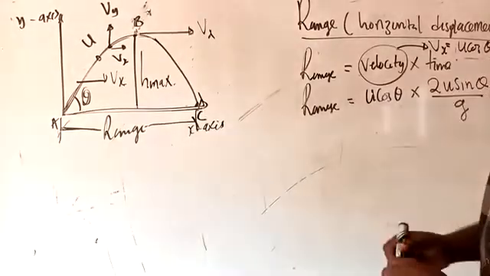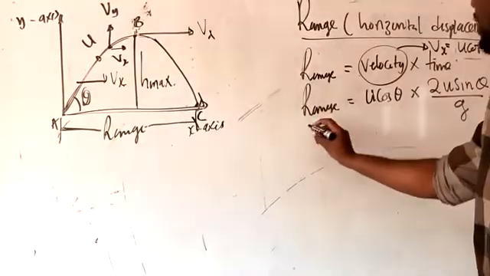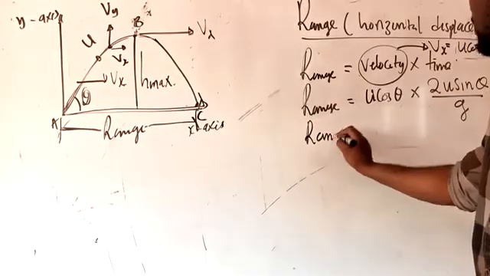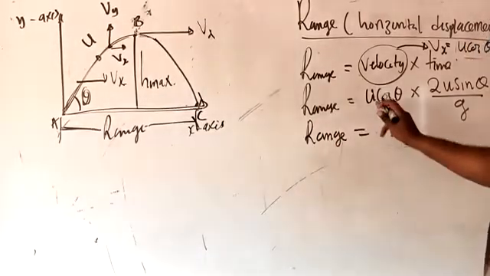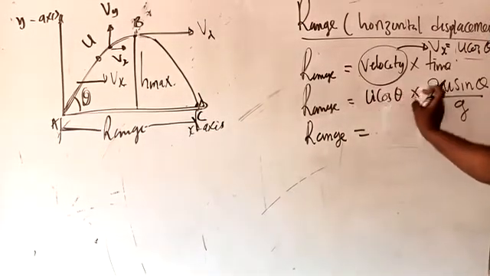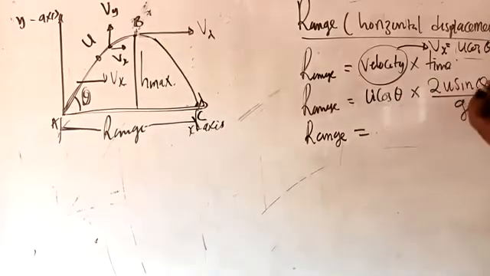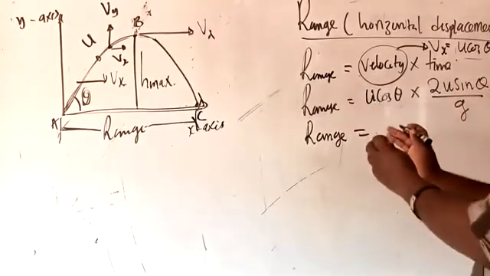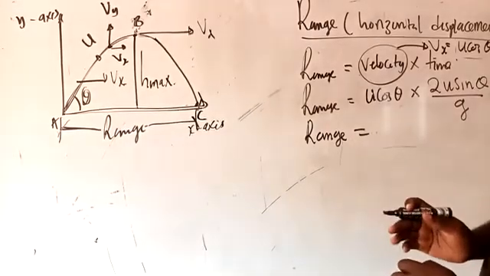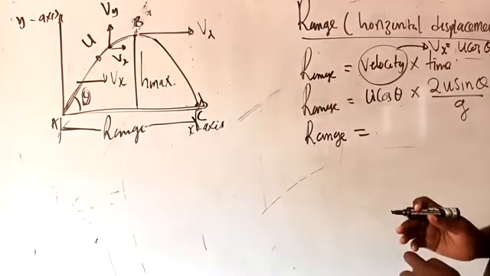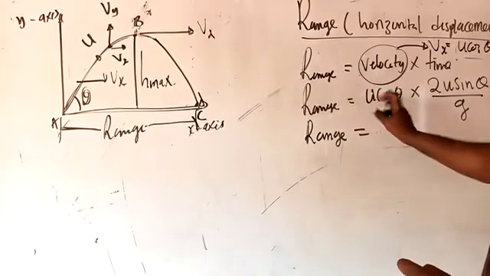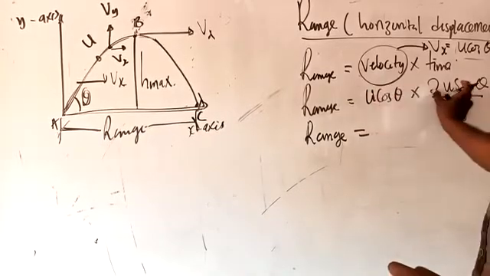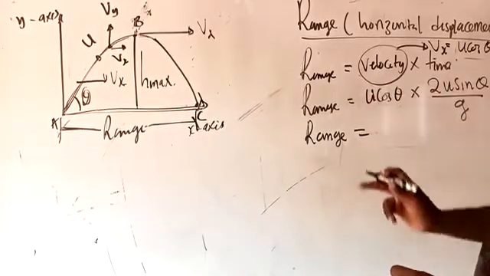So in this case, you're going to have the range, which is the horizontal displacement, being equal to u cos theta multiplied by 2u sine theta over g. All right, so we multiply this together, and then we arrive at that value. If I multiply this and that, this u and this u will square.